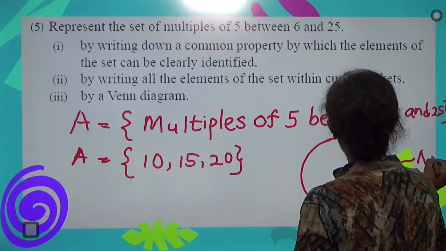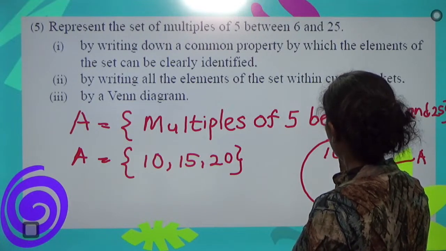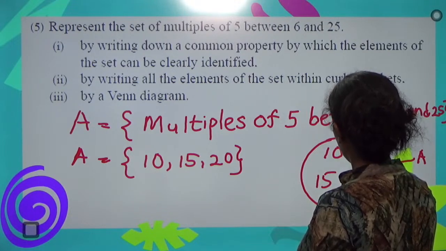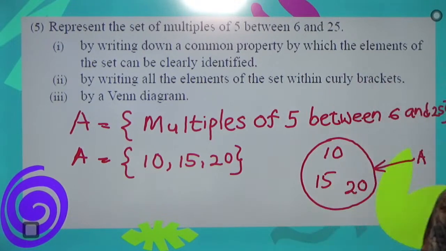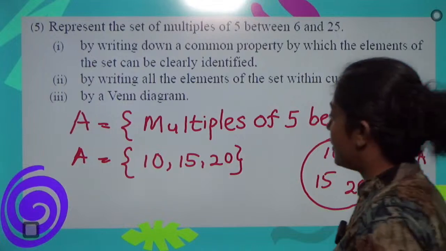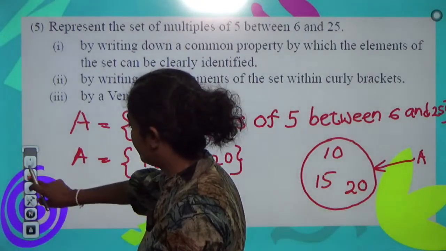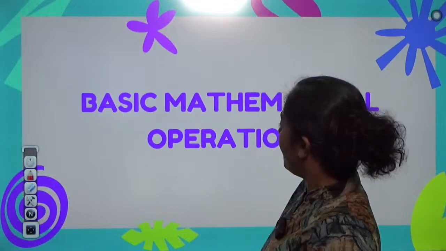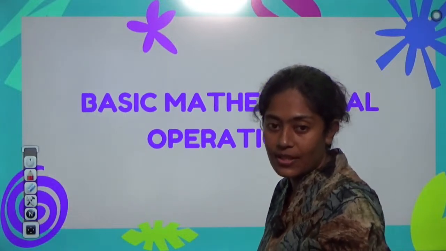Then elements are 10, 15, 20. That's all, right? Is there any doubt? Then I will move to next one. Questions are finished, no?